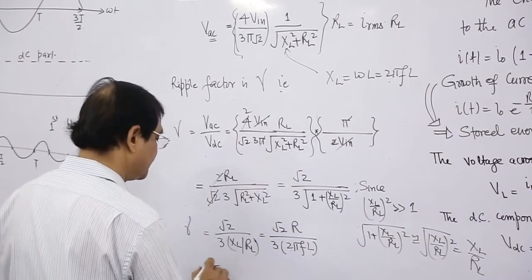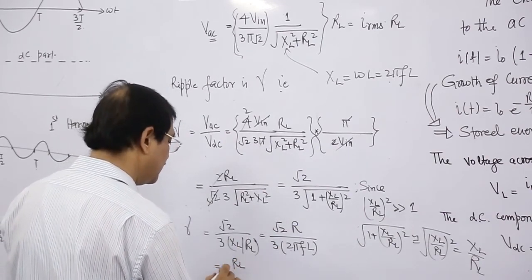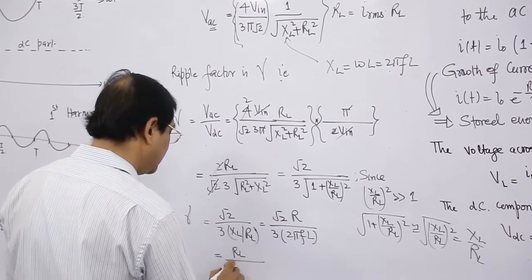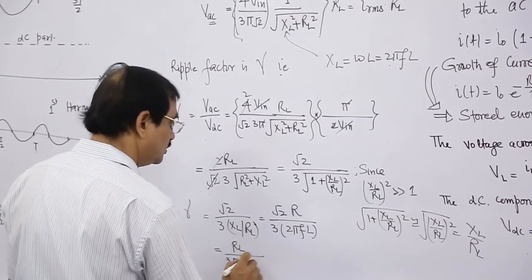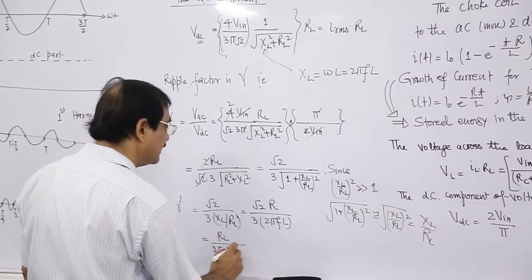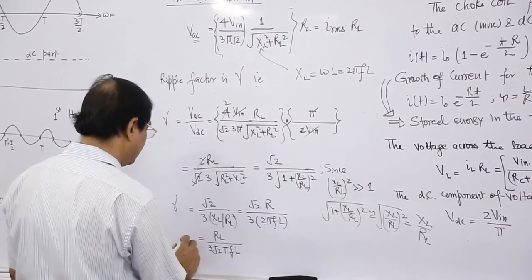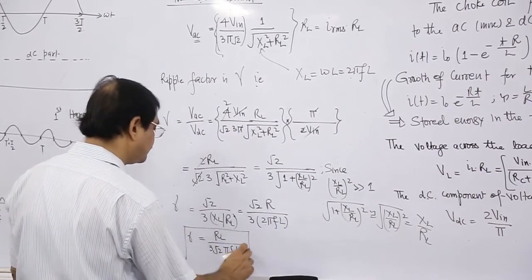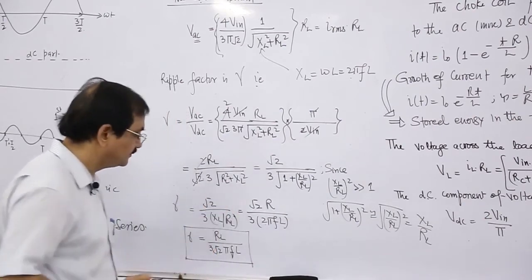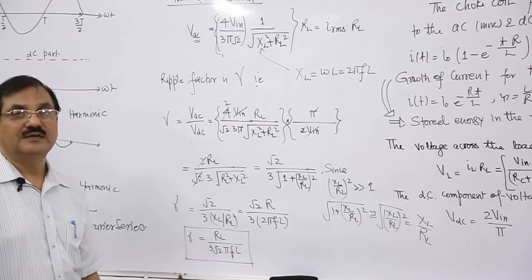So this is RL upon 3 under root 2 pi FL, this is gamma, the ripple factor.